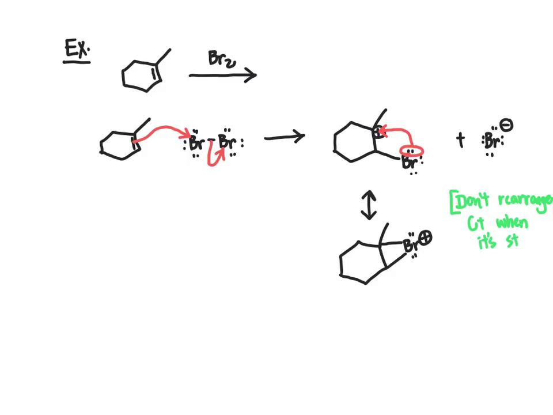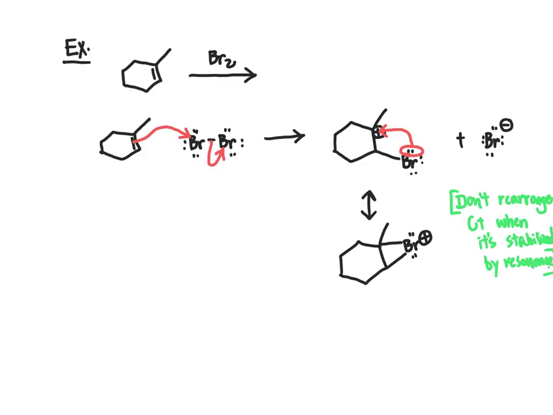And this is a general rule rather than one that's specific to this particular example problem. If you make a carbocation and it's stabilized by resonance, don't try to do a carbocation rearrangement, because the carbocation rearrangement would end up making the molecule no longer stabilized by resonance, and resonance is more important than induction.